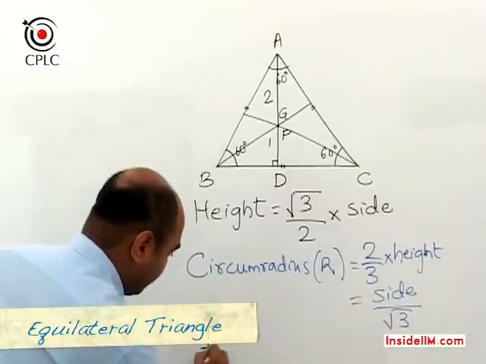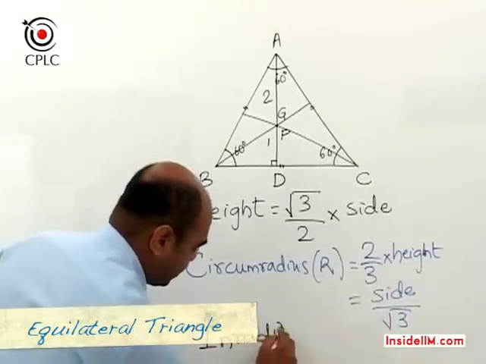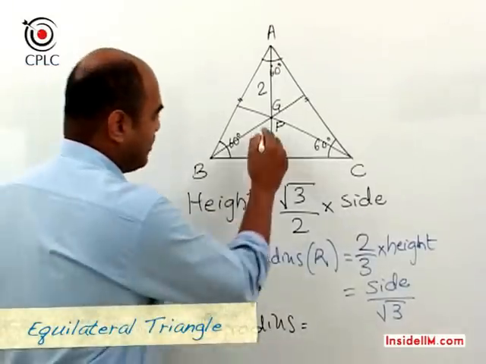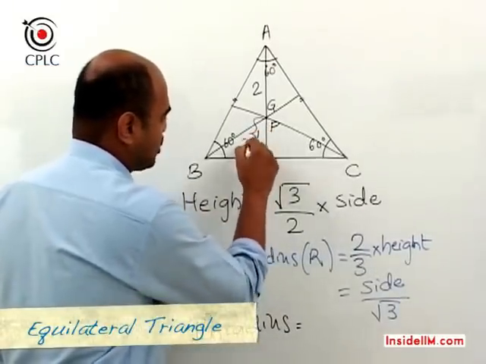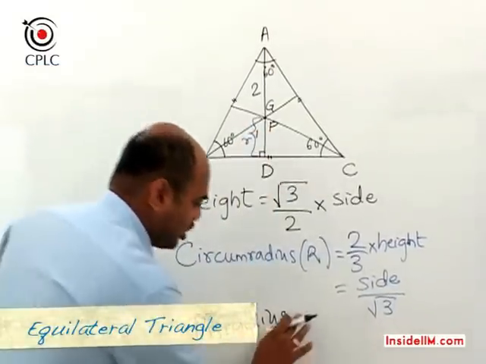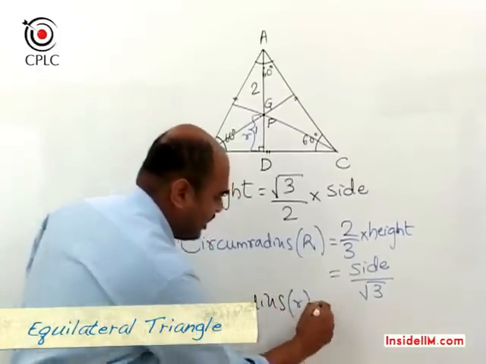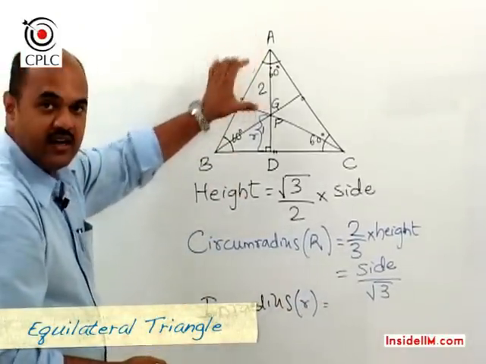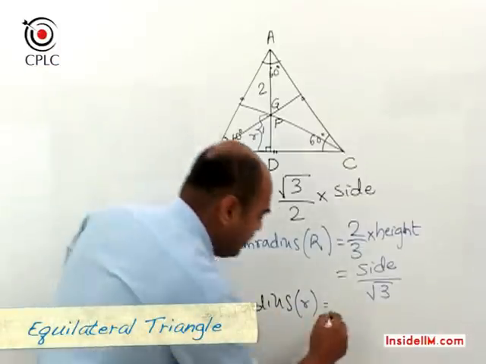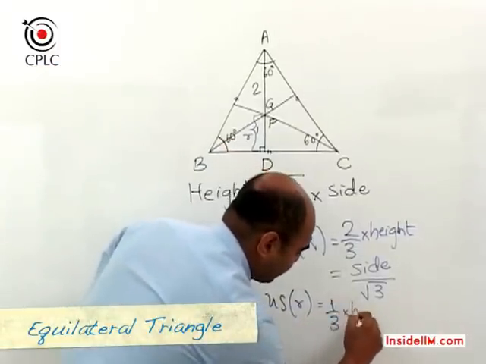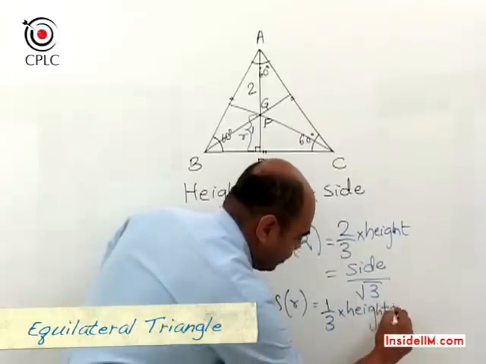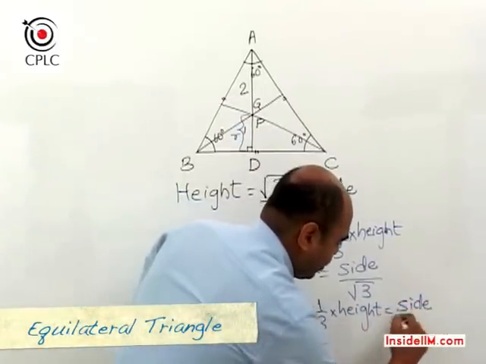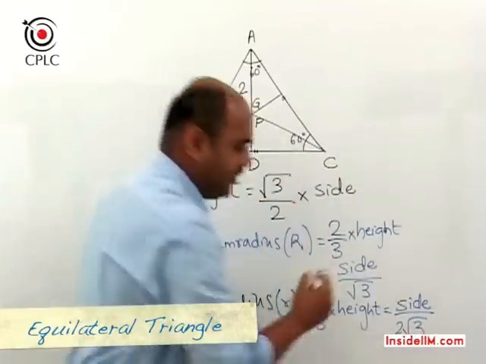And now finally, if we look at a formula for inradius, we can figure out that this part is the inradius, which is also denoted by small r. And if the circumradius was 2/3 of the height, then the inradius would be 1/3 of the height, which would be nothing but side upon 2 root 3.